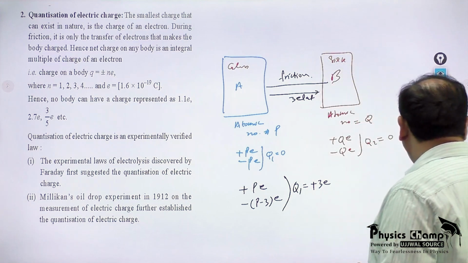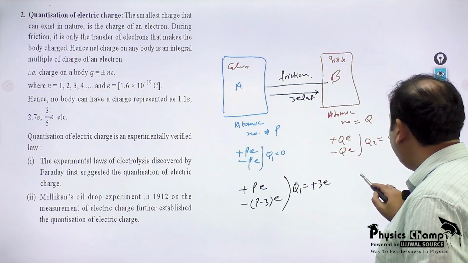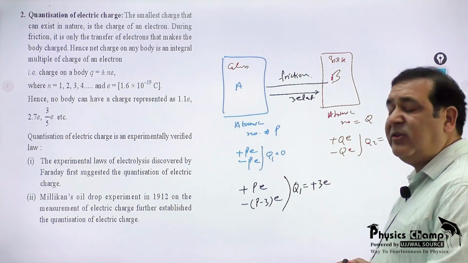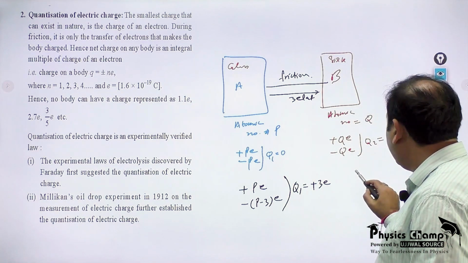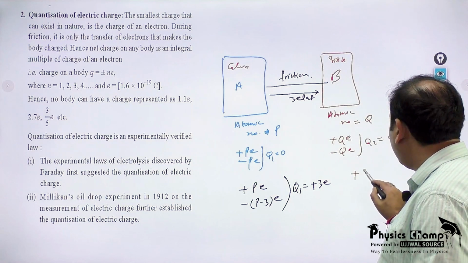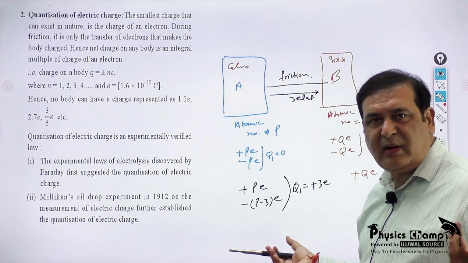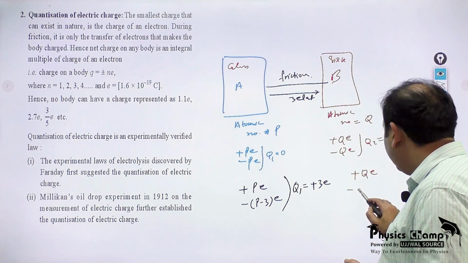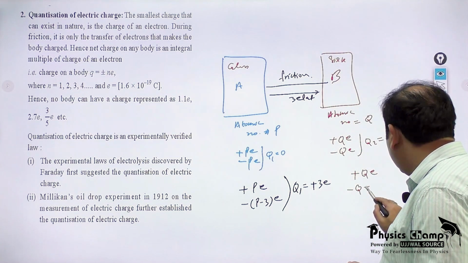On the other hand, for the silk, the atomic number was Q. Earlier its number of protons was Qe, and it remained that much for every atom. But for each atom, there is an addition of 3 electrons.